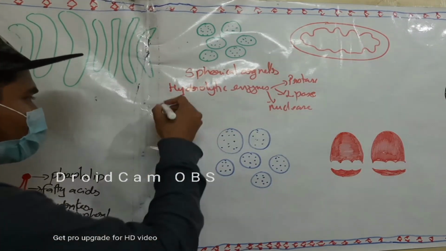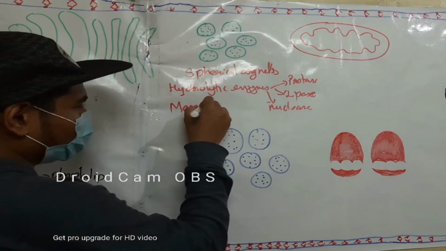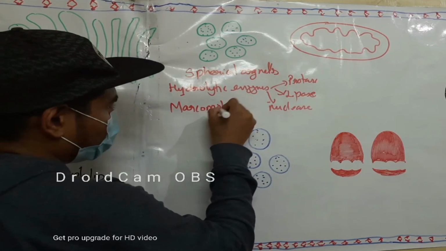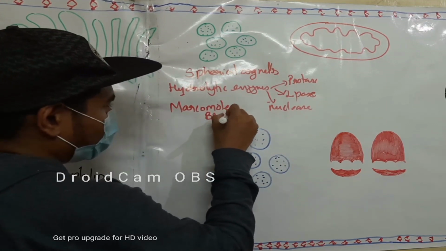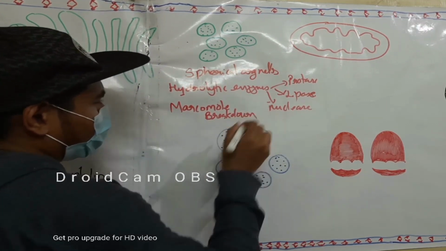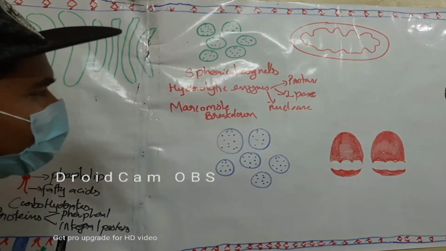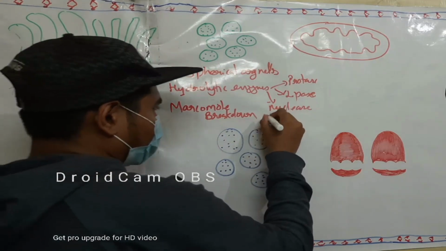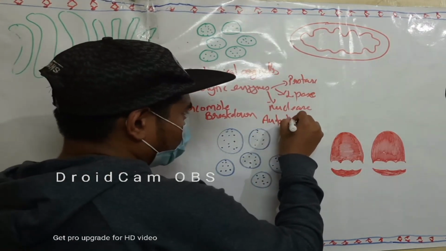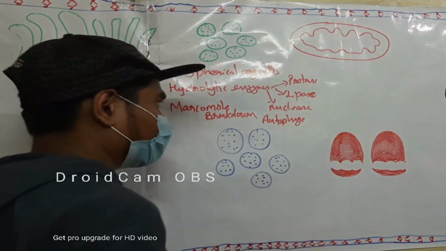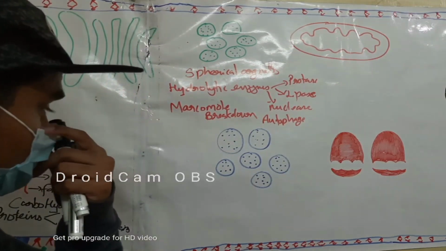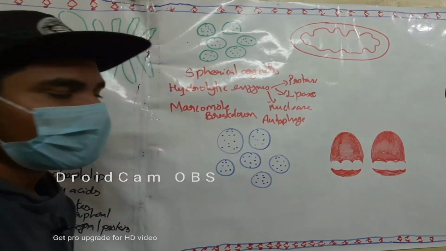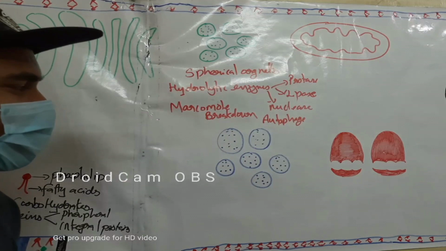These are involved in the breakdown of macromolecules. They digest proteins, carbohydrates, and lipids, and they are also involved in autophagy. Autophagy is the activity of the lysosomes on those organelles which lose their functional activity.